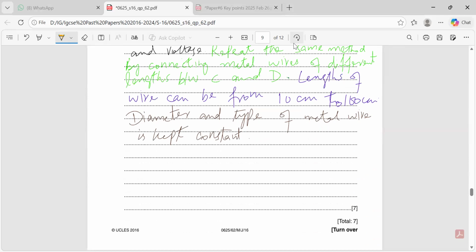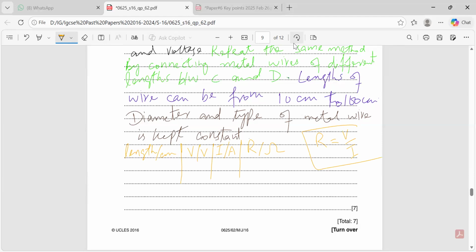Independent variable in the beginning: length of the wire in centimeters, then voltmeter reading in volts, current reading in amperes, and then resistance, which is the dependent variable, in ohms. Why did I write this? I have written V and I because resistance we will calculate by Ohm's law, V over I. So that's why we need to mention V and I along with their units. So this is the table.